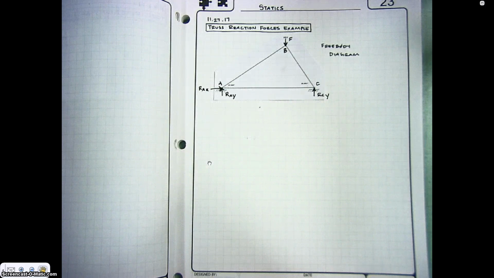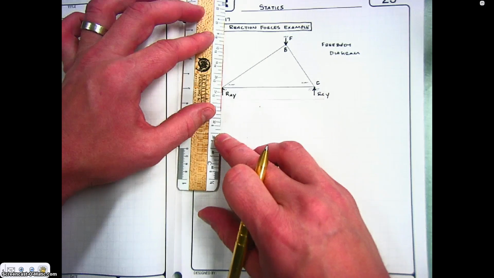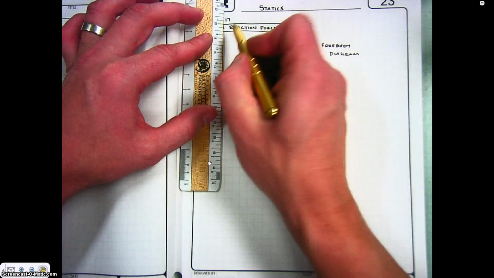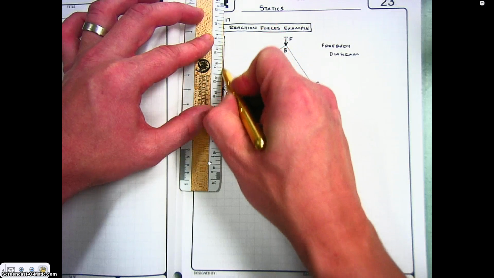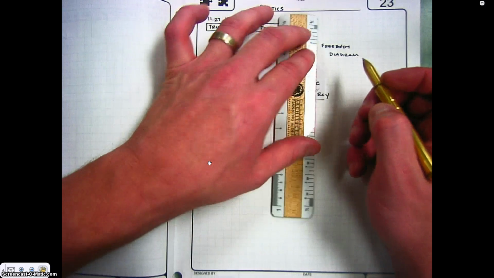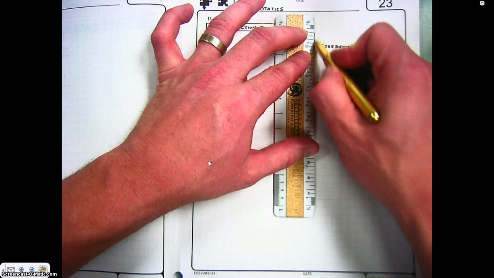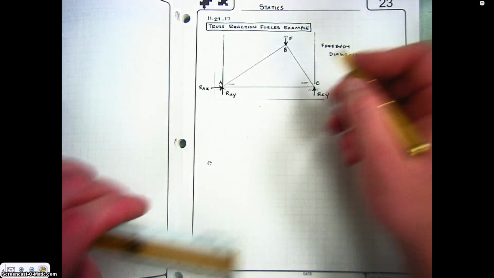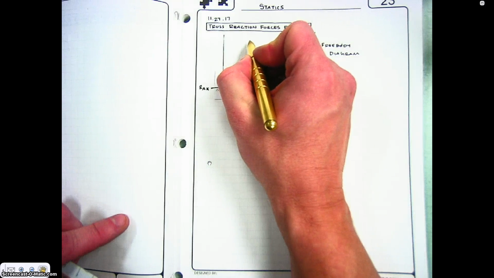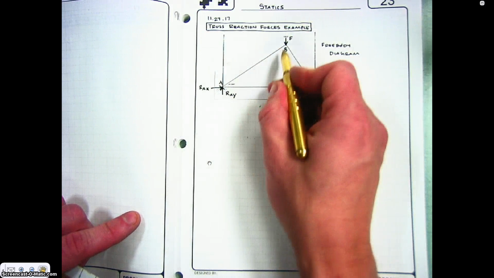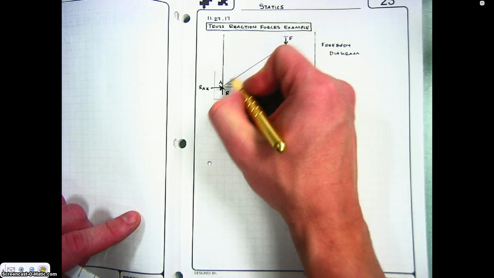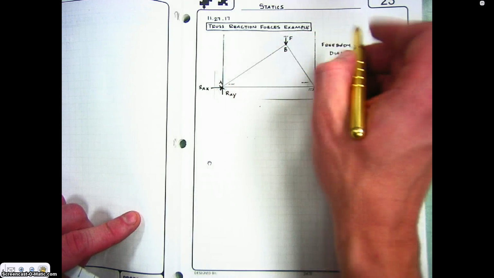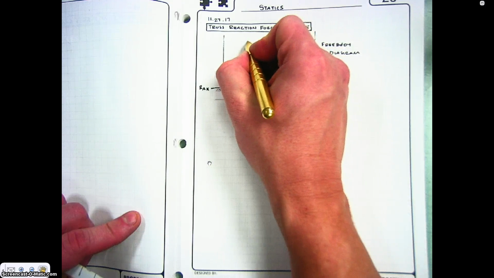Right? The other thing that we need to do in our free body diagram is have some dimensions, so we know how large these sections of our truss are. I'll go ahead and sketch up a line from point C. I'm going to label this dimension between point A and point B, not the length of AB, but the distance in the x direction, as 7 inches.